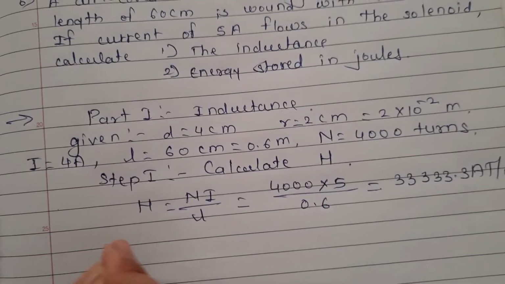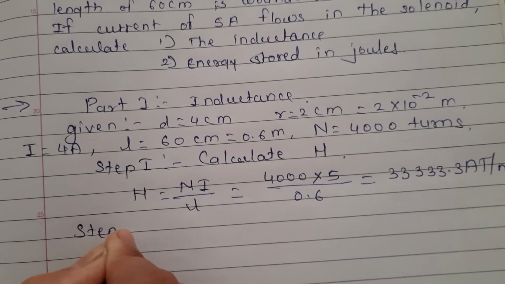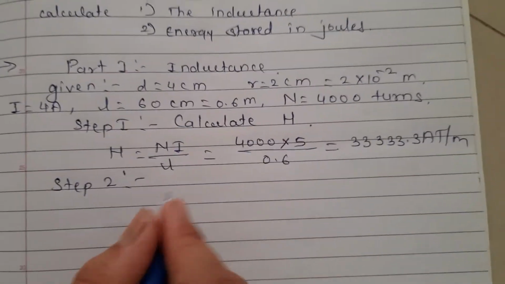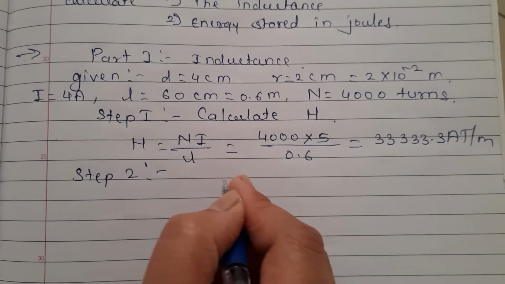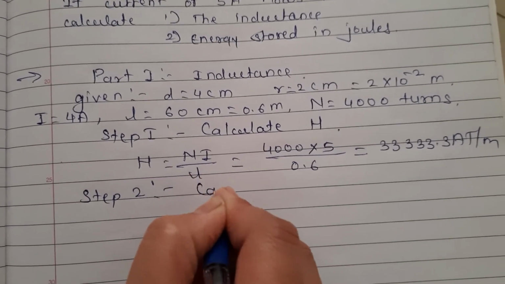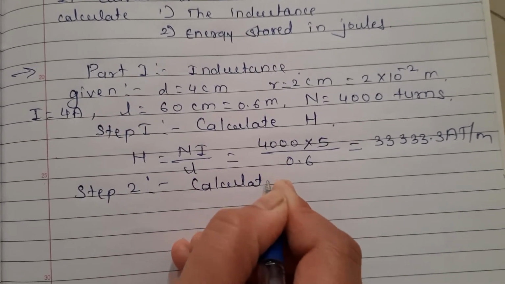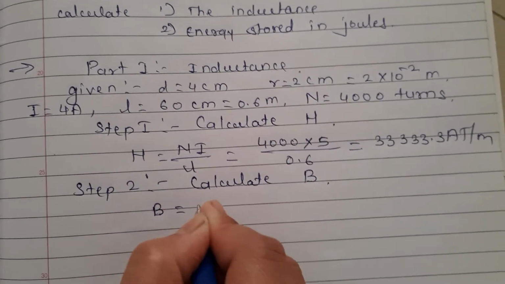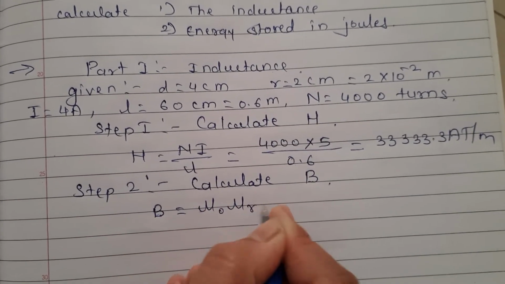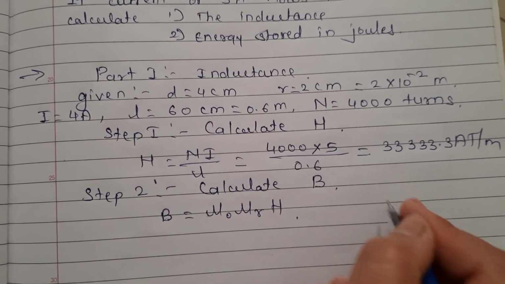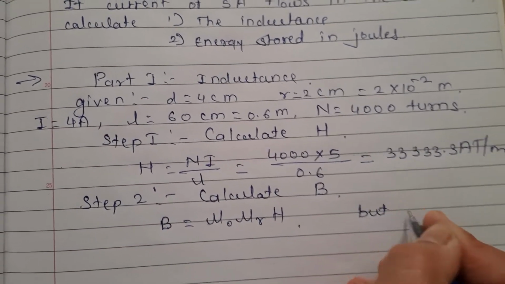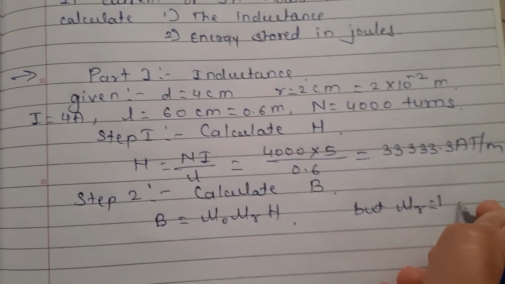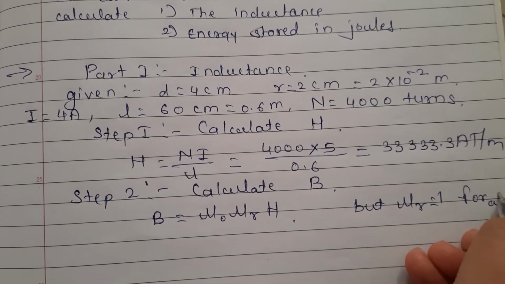Next, step 2. Step 2 is calculate flux density, that is B. So B is equal to mu 0 mu r into H. Now what is mu r? It is 1 for air.